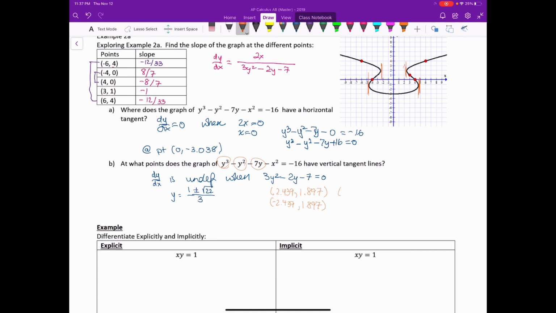And when y was negative 1.230, then I had both positive 4.608 and negative 4.608 at negative 1.230. And there you have it.